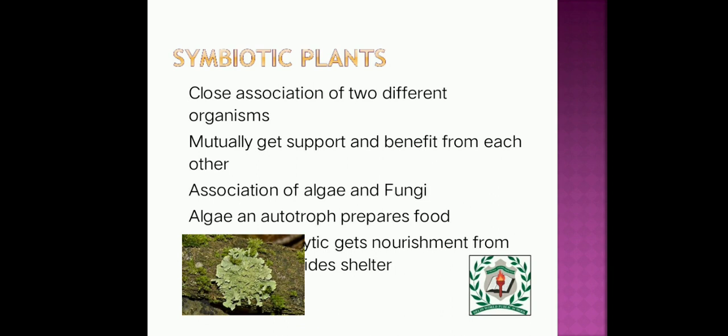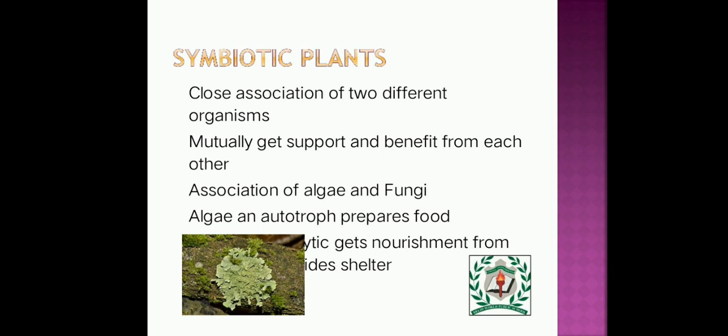Lichen is the best association of algae and fungi, a symbiotic relationship. A symbiotic relationship is a close association of two different organisms. In this association, two organisms may actually benefit from each other. They actually get nourishment from each other.